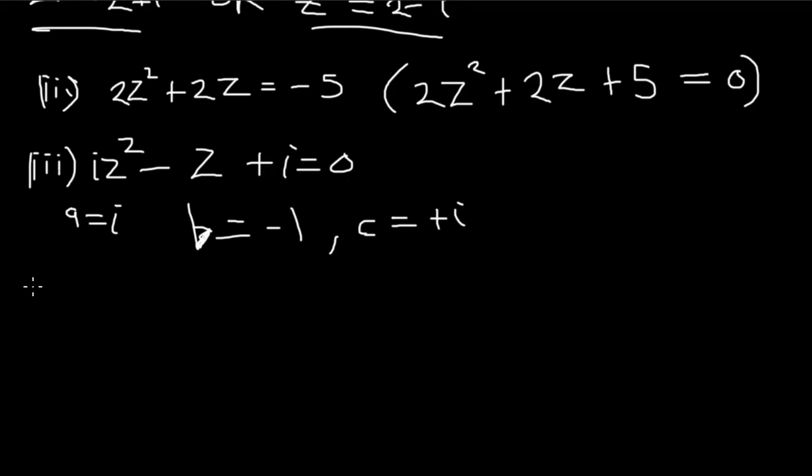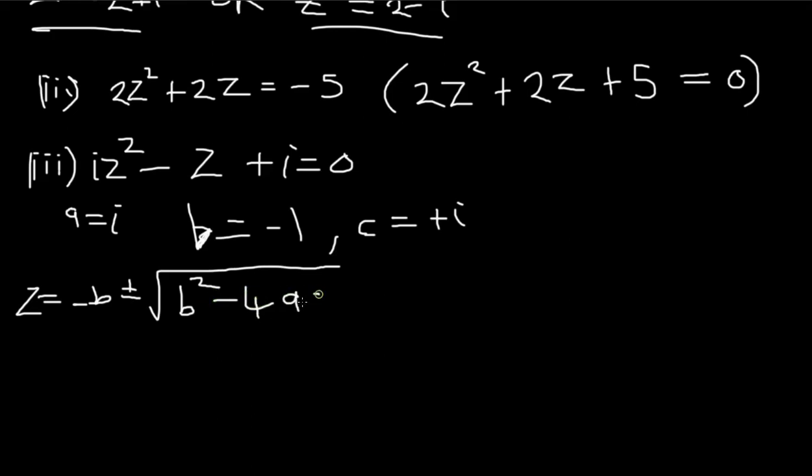So we now insert them in the formula. Our formula, as we all know, is z is equal to -b plus or minus the root of b squared minus 4ac over 2a.